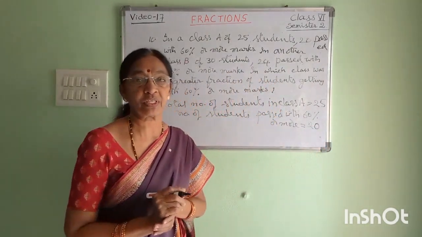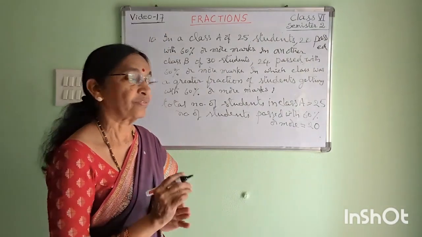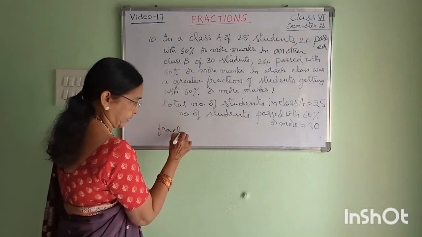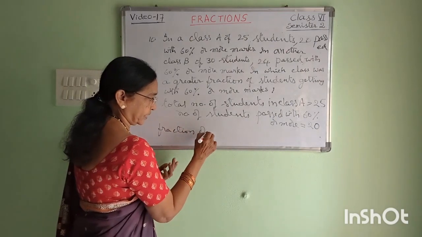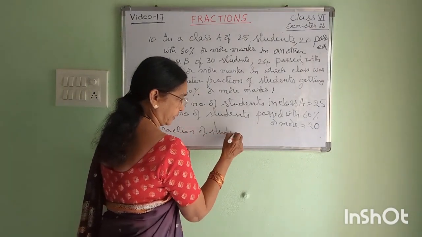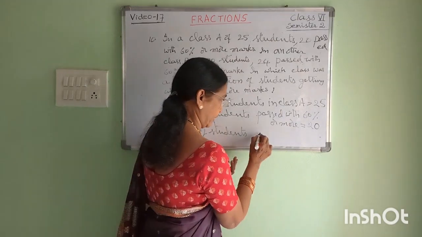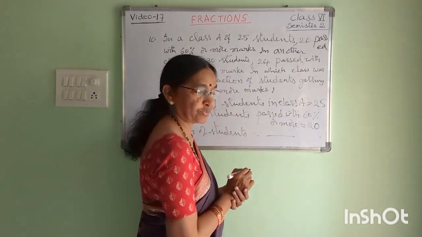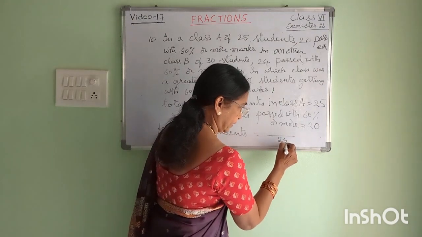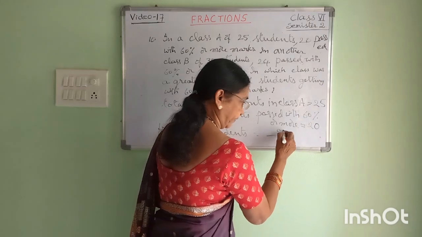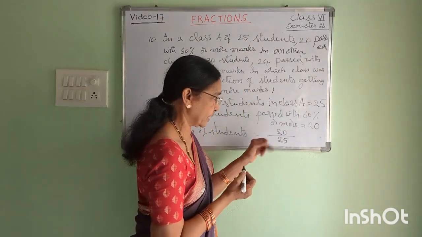Therefore, the fraction of students passed with 60% or more is equal to the total number of students written as the denominator, and the number of students passed with 60% or more written as the numerator.